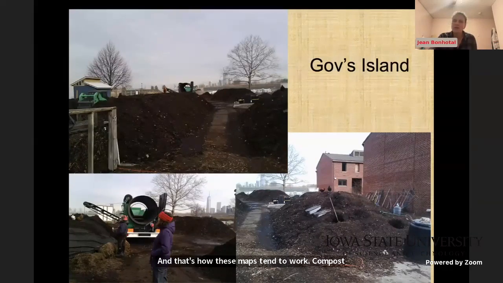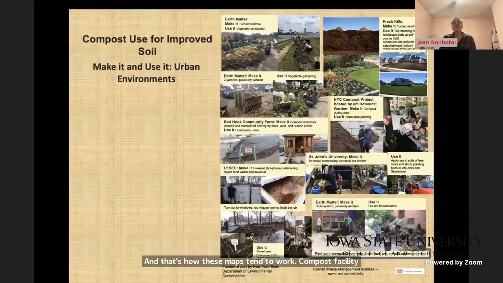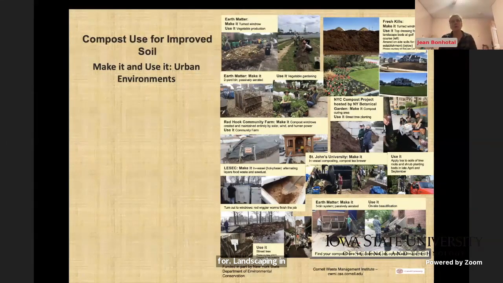Compost facility in New York City. I'm just showing you that one. This is one of the posters that Alicia was speaking about. Make it and use it in urban environments. So this does highlight some of the cities, but we have them for farms, we have them for erosion control, we have them for DOT, we have them for gardens, we're putting one together for landscaping in cemeteries and for memorials.